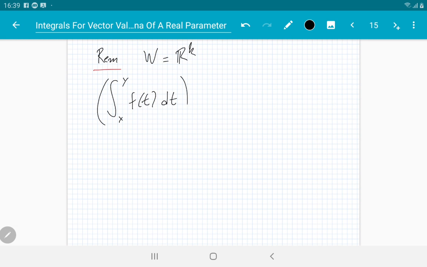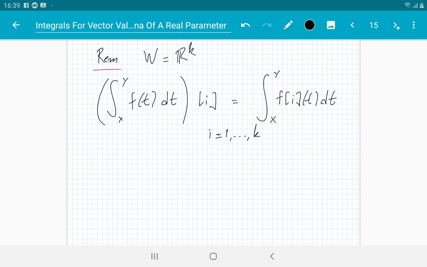And if you look at the ith coordinate, that's just the standard integral, right? If you look at the ith coordinate of function f, and you integrate it, that's what you get. So if your function takes values in R^k, then this Riemann integral we defined is just defined coordinate by coordinate.